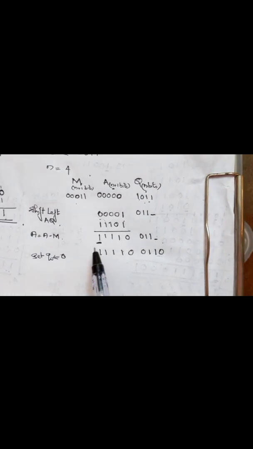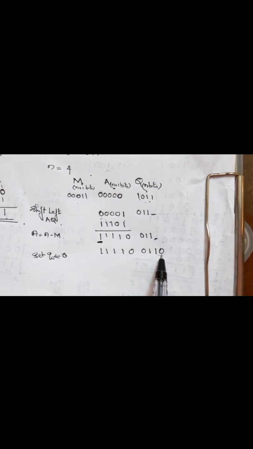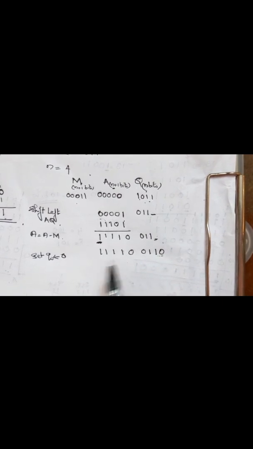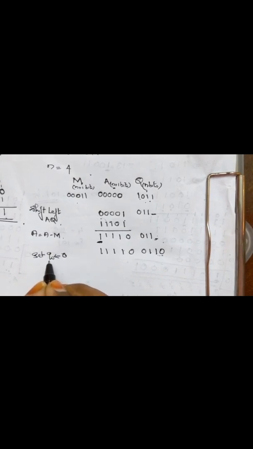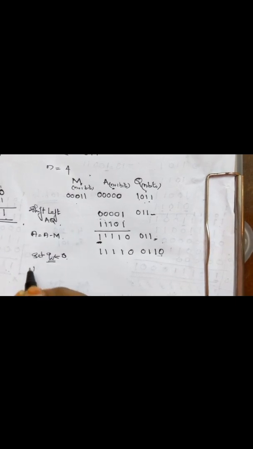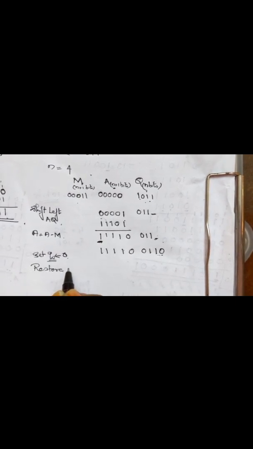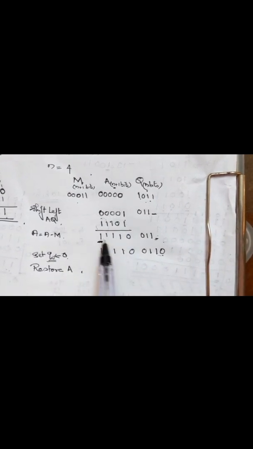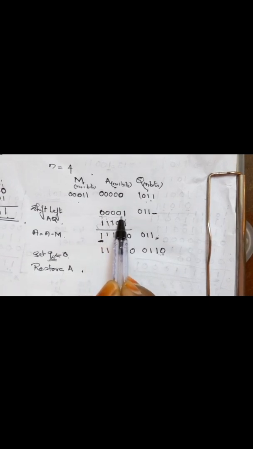Once again, if the nth bit of the A register is 1, you have to set the 0th bit of the Q register to 0 and then perform the restore operation. So you are setting the 0th bit of the Q register, I am naming it Q0, to 0 and performing the restore operation of A. Restore operation means that before performing this operation, the value of A was this one.